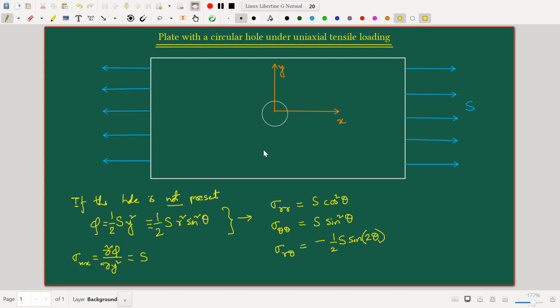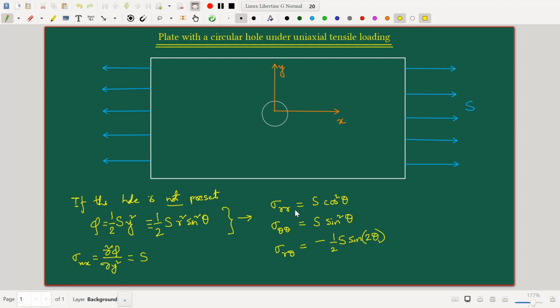One might even say that we are considering an infinite plate, a plate of infinite dimensions, infinite of course relative to the dimensions of this circular hole. Now, because we have obtained this kind of a stress field, this stress field will be true around a circle.